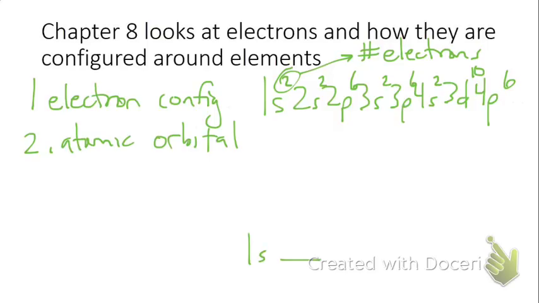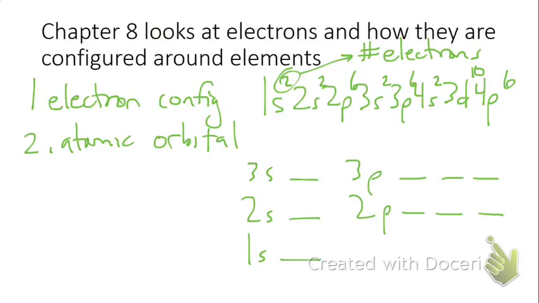So you have 1s, 2s, 2p, 3s, 3p, and we get 4s, which is here, and then 3d. I don't have enough room to draw 5 spaces, but you guys get the picture.